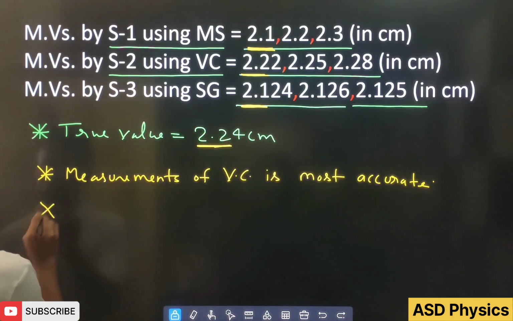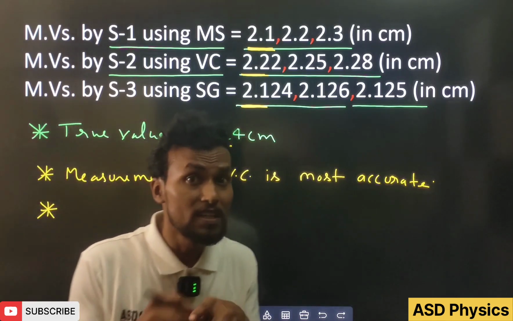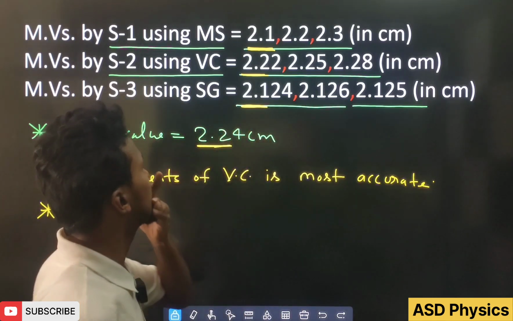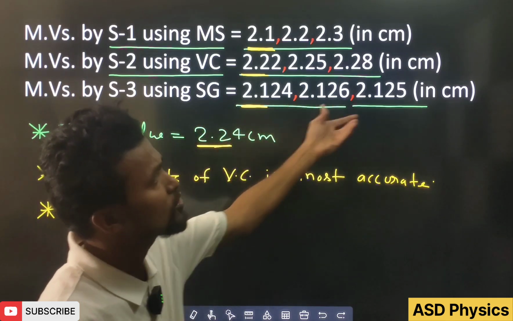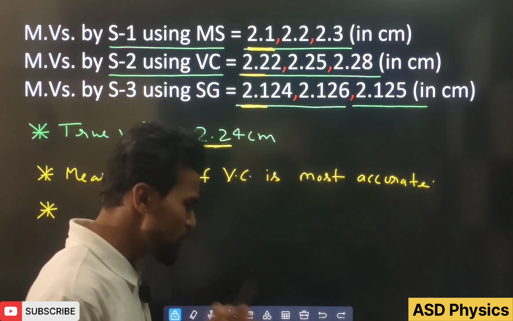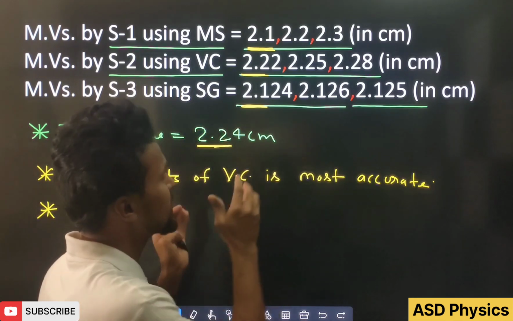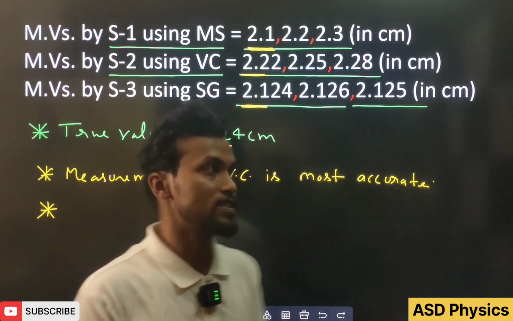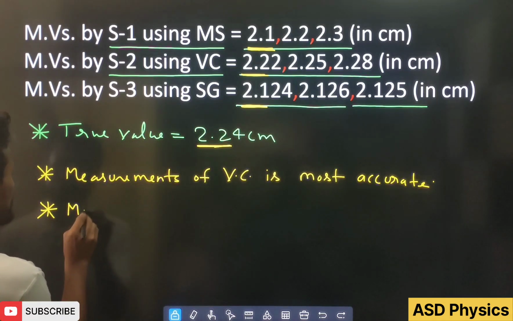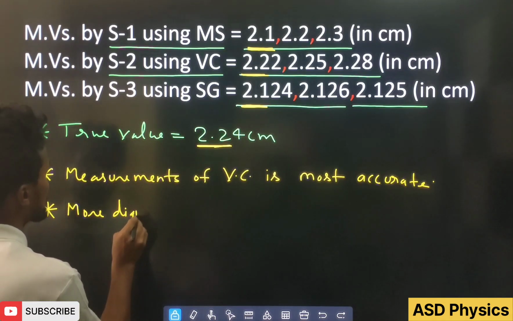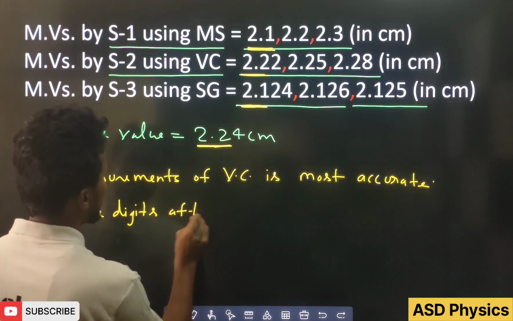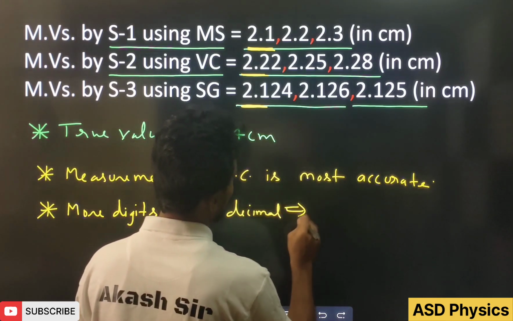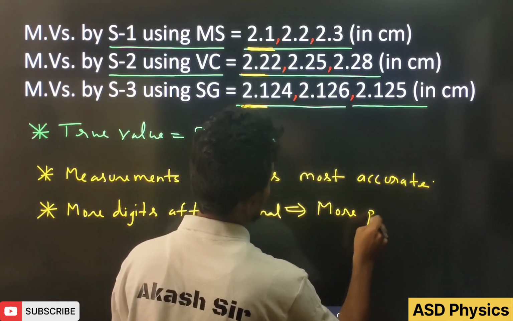After that, if we talk about here the precision, it means the closeness of the multiple measured values to each other. So if you will observe that for the screw gauge, values are very close. Why? Because sometimes even we can't able to directly see also. So remember that here more digits after the decimal, that means more precision, or we can tell high precision.